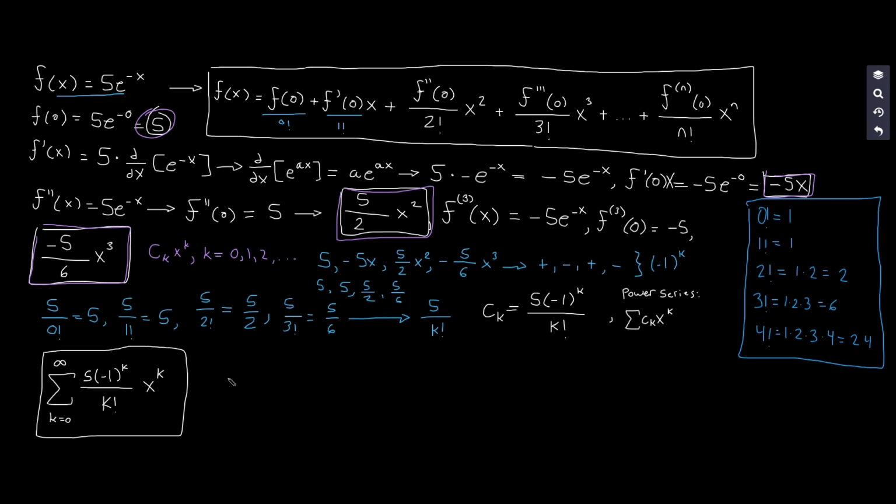And for this, we're going to use something called the ratio test. Let me do this in this kind of blue, to make sure this contrasts nicely. The ratio test.